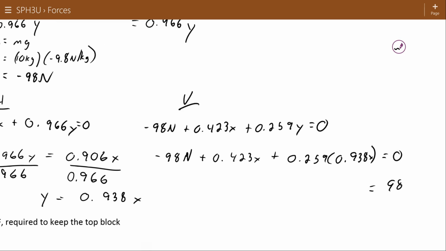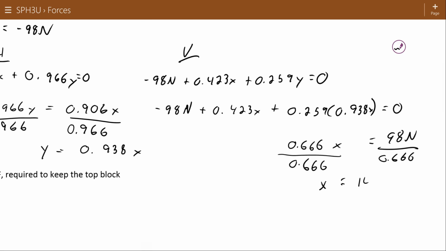Bringing the 98 to the other side. And then I'm just going to do all of this. So 0.259 times 0.938 first, plus 0.423. And so the tension force that I'm going to get in the wire is actually equal to 147 newtons.